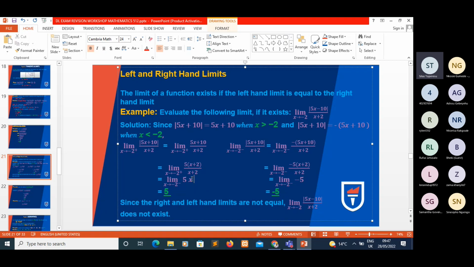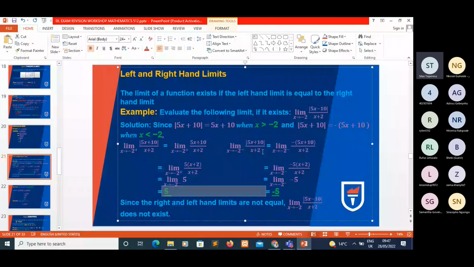But this one is simply going to have 5, which is not attached to any value. Any limit of a constant, the answer is going to be that constant. That's how we find the limit. If it's a constant that doesn't have x, the answer is going to be that constant. So here you're going to get 5 as a constant.